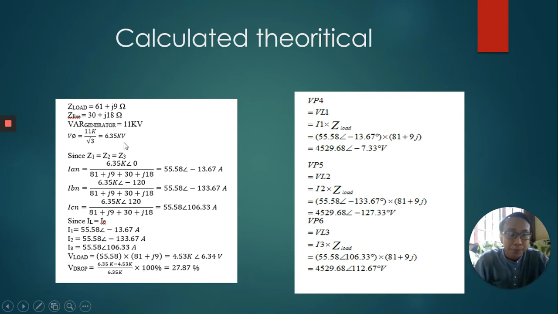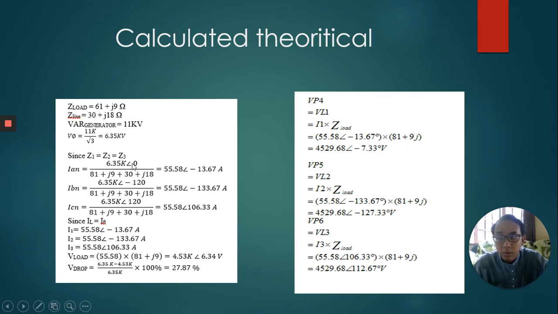As we know, since Z1 equals Z2 and Z3, the load line and load phase are equal in this 3 formula. So you need to divide by the sum of 3, load line and load phase.